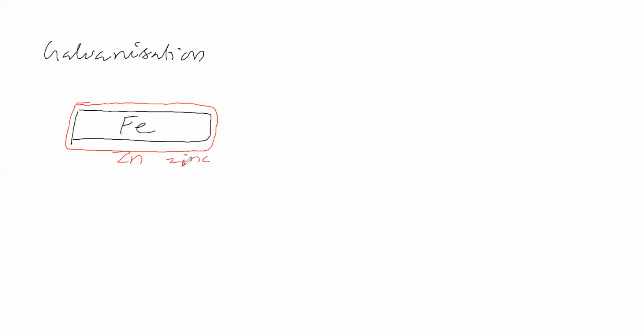Now, what is the anodic process? We will see. For this, we will take the SRP values. SRP of zinc is minus 0.76 volt. SRP of iron is minus 0.44 volt. Now see zinc SRP and iron SRP: which has the lower SRP?